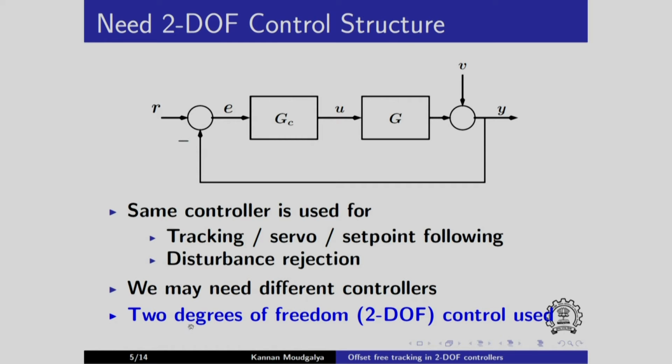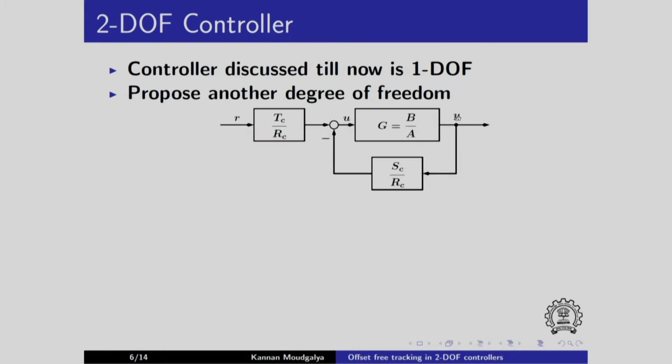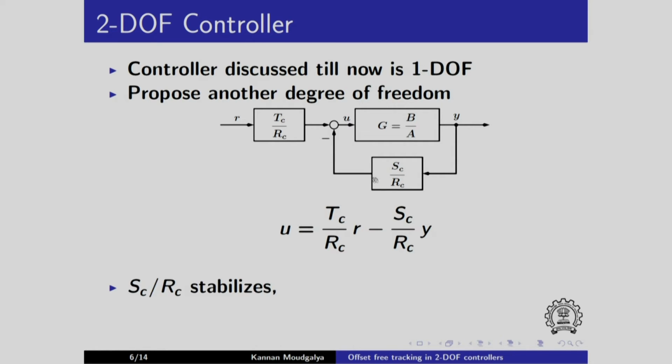So we propose a 2 degrees of freedom controller. Okay, we propose another degree of freedom in this fashion, where U here is given by Tc by Rc times R. From here, this signal comes here, this signal is R times Tc by Rc minus this signal, which is Sc by Rc into Y. This control block Sc by Rc stabilizes this loop.